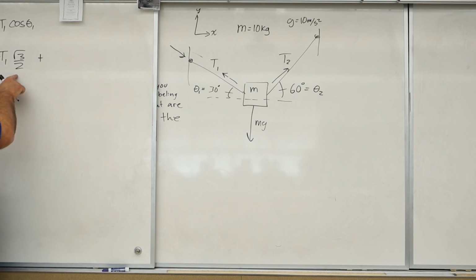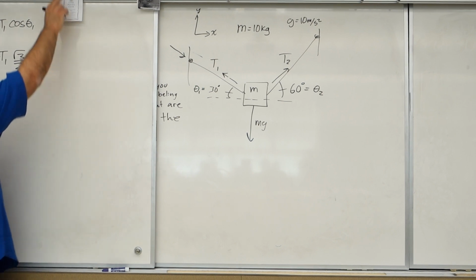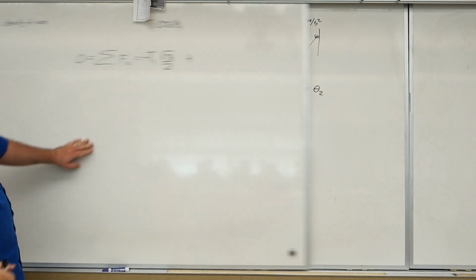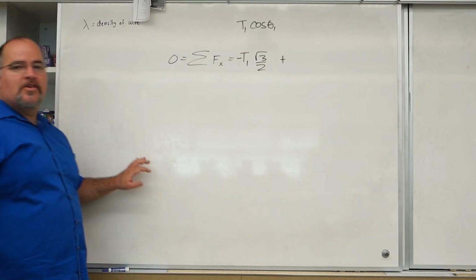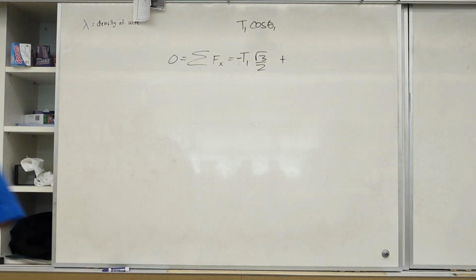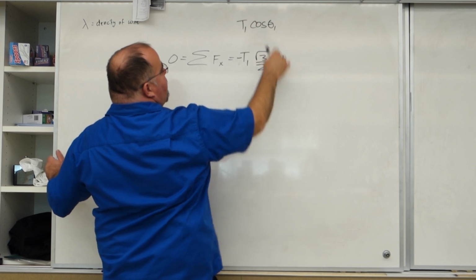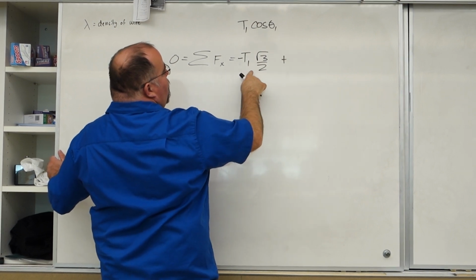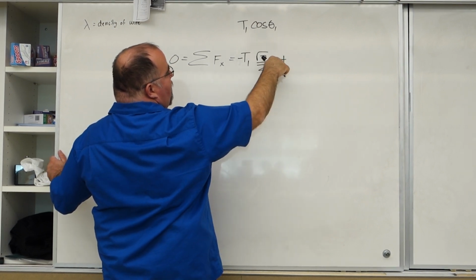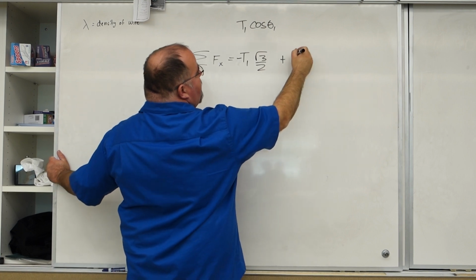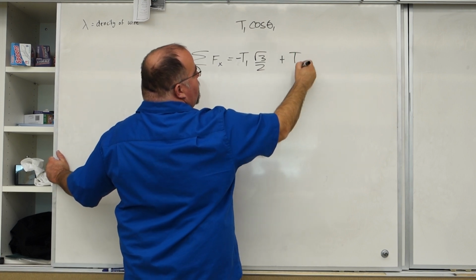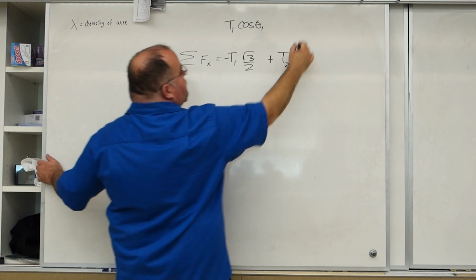So that's T1 cosine theta 1. Make sure that's in the camera. Okay. So T1 cosine theta minus T1, that's the cosine of 30 degrees, plus, because it's in the positive direction instead of the negative direction, this is cosine of theta 2.